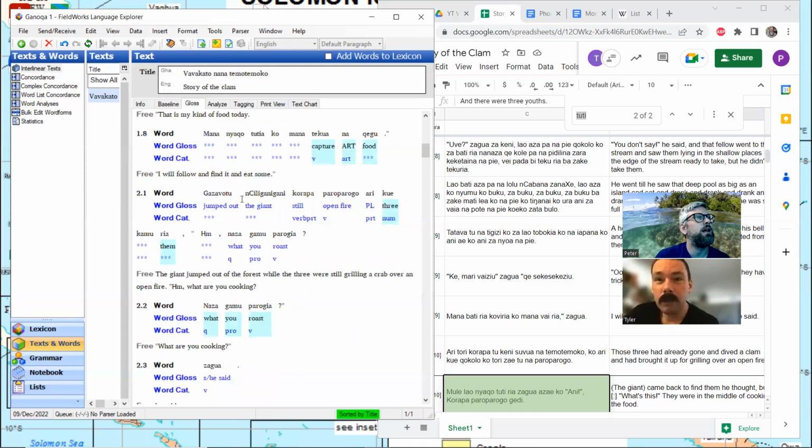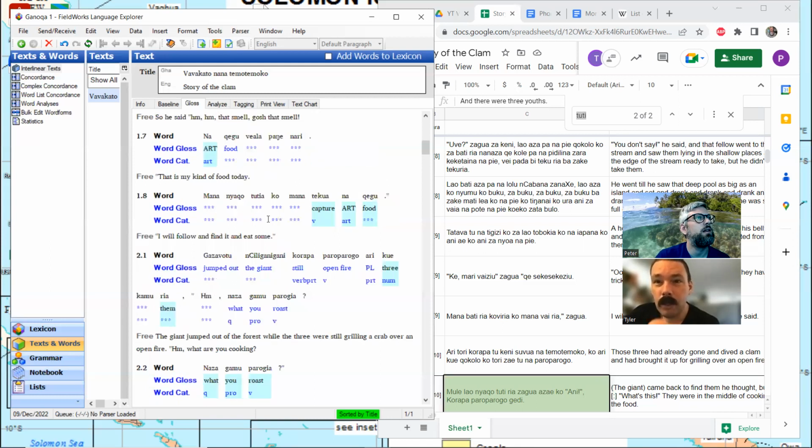Kamuria. Before the ria there in 2-1, what's the verb that is? The three were still grilling a crab over an open fire. Oh, so maybe not a verb there. But what do you make of that kamu right before ria?